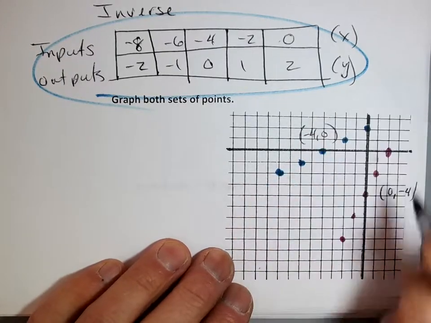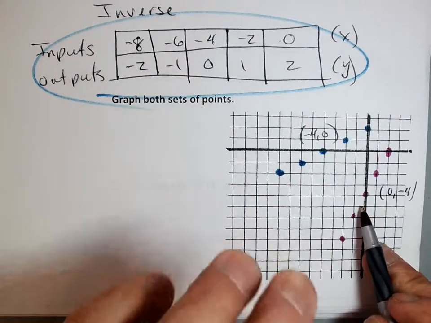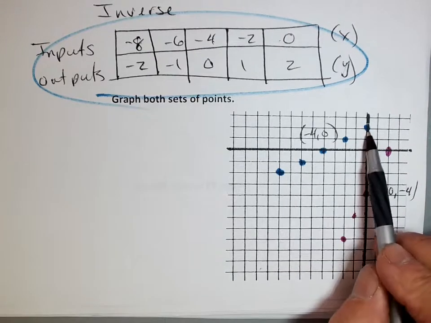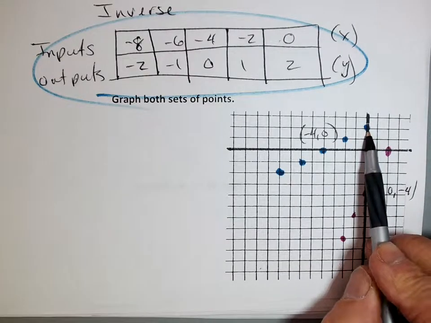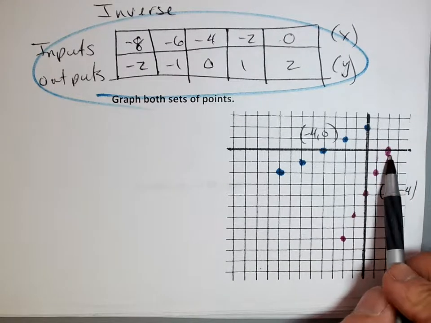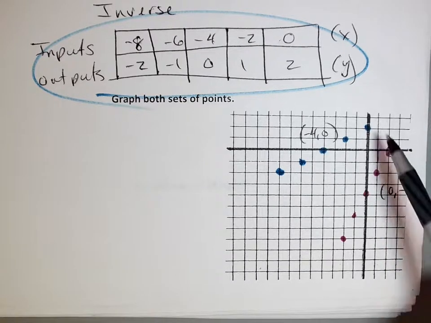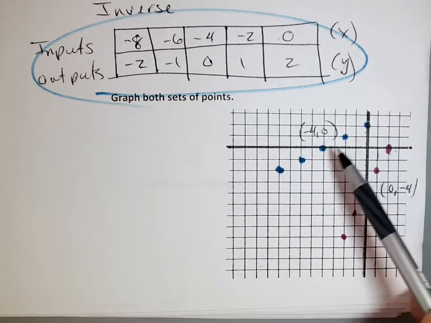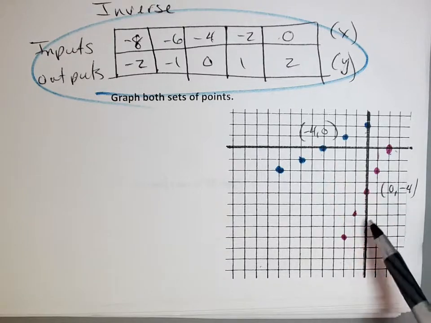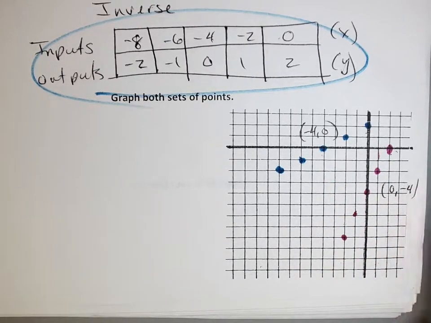This y-intercept of 0, 2 becomes an x-intercept of 2, 0. So if x's and y's switch, then an x-intercept becomes the y-intercept of the other. It makes sense to me, okay?